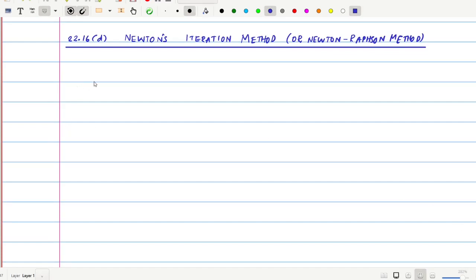Now we continue discussing the methods for finding the solutions of algebraic and transcendental equations. In the last class we discussed iteration methods. This is its consequence, called Newton's iteration method or Newton-Raphson method. Mostly this is known as the Newton-Raphson method. If you take the first approximation x naught as the approximate root, that means if you have a real root alpha in between some a and b, then you can take one of these values as the initial approximation.